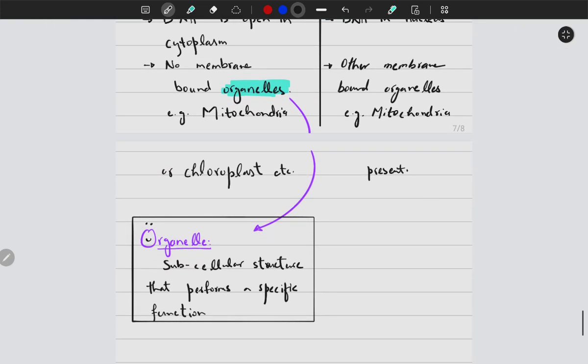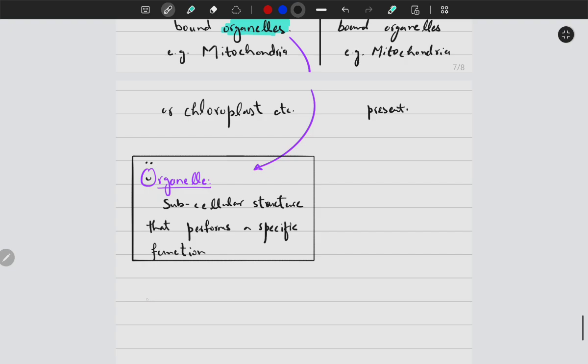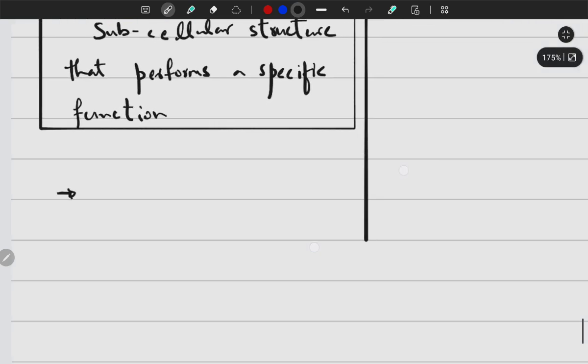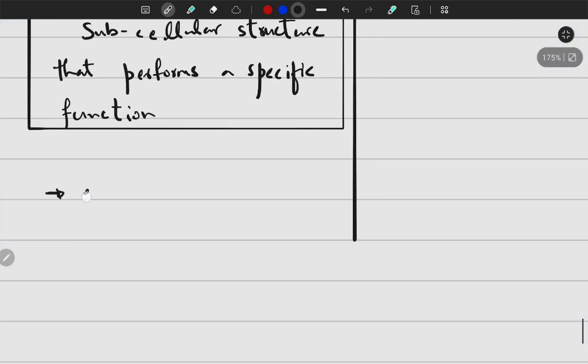In case of prokaryotes, we have examples. So examples of prokaryotic cells are bacteria. So whenever somebody says prokaryote, you need to remember two points. Number one, they don't have a nucleus.